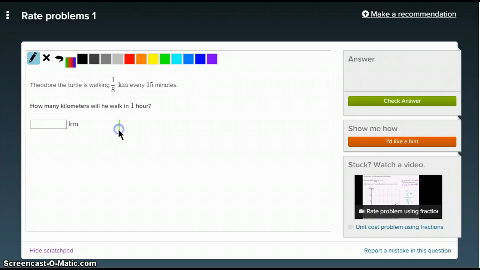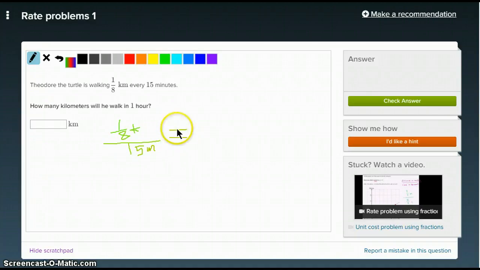So we can write this as 1/8 kilometers to every 15 minutes. I'll just do K and M there.